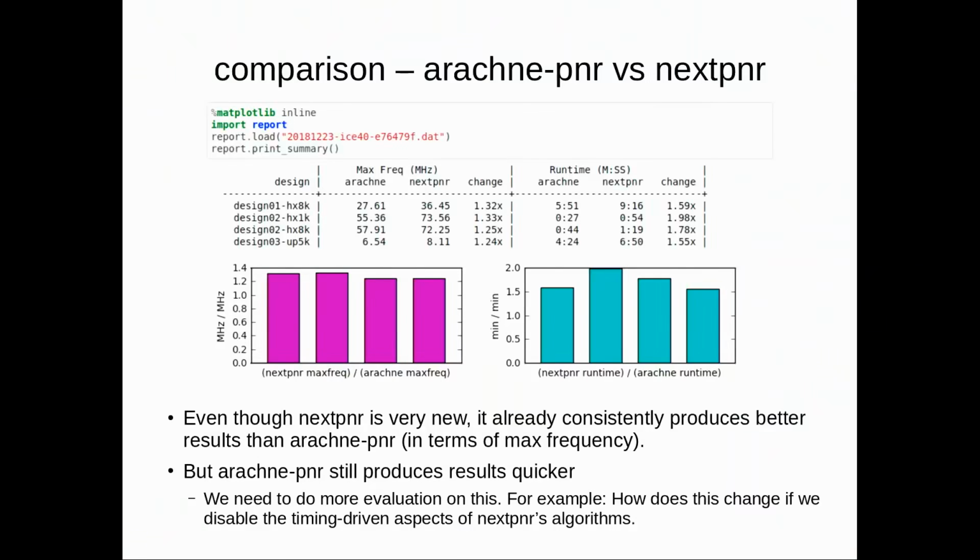On average, nextpnr has 30% better timing results than ArachnePNR, so that's definitely an improvement. But on the right-hand side, you see on average it's 50% to 100% slower than ArachnePNR. I guess that's the price you pay for actually doing everything timing-driven. But I have something more about this in the demo as well.